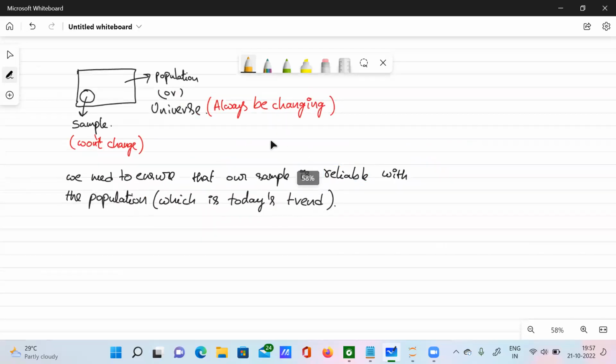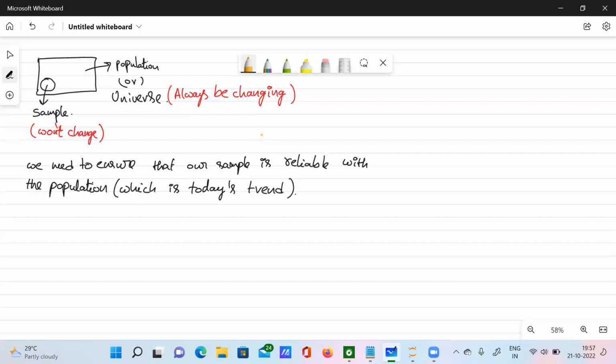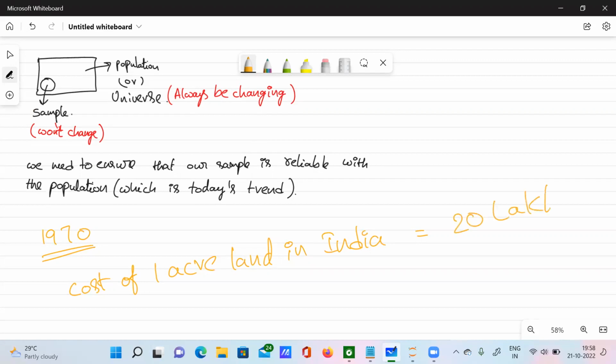So what's the meaning of this here actually? What I'm saying is, for example, in the early 1970s, the cost of 1 acre of land in India is equal to, let's say, I'm just saying a rough figure for example purposes, this is not the truth, some 20 lakh.